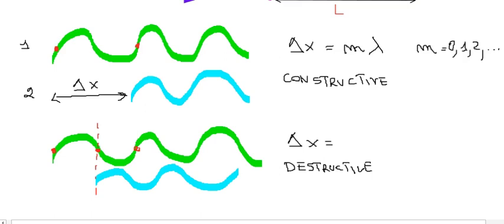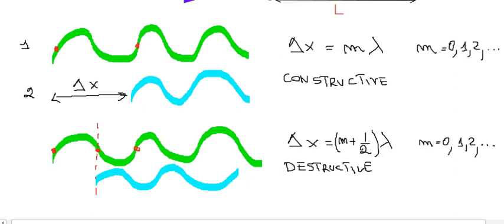And this happens when I have a multiple of half lambda. A way to write it is to say m plus 1 over 2 times lambda, where m is again equal to 0, 1, 2, etc.